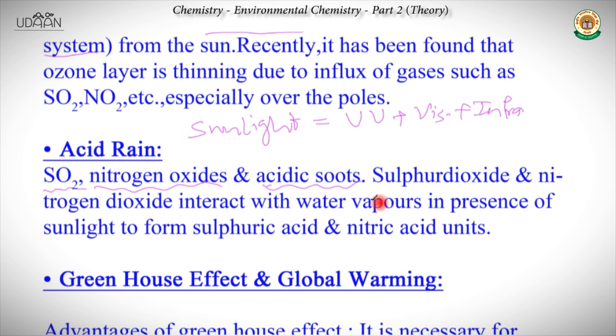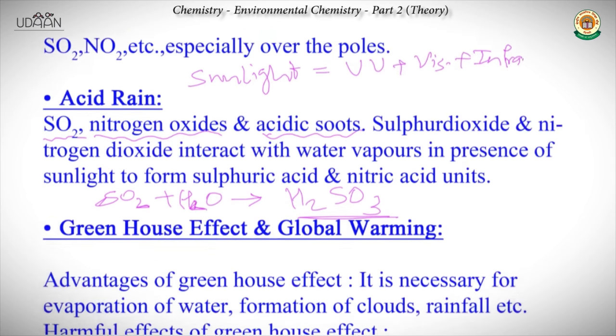Sulfur dioxide and nitrogen dioxide react with water vapors in presence of sunlight to form sulfuric acid and nitric acid. As we have seen, SO2 plus H2O gives H2SO3. This is acidic in nature, so it causes the rain to become acidic.